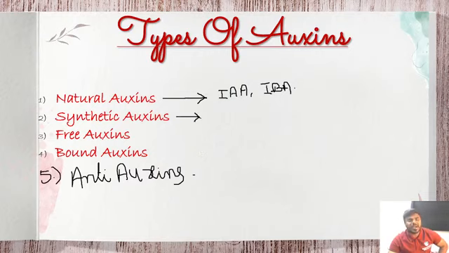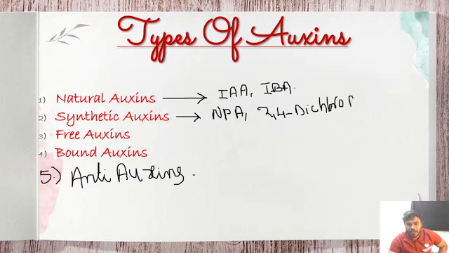Next one, friends, synthetic auxin. The name itself indicates which are synthesized, artificial or man-made. Best examples you have to remember: NPA, naphthyl thalamic acid, 2,4-dichlorophenoxyacetic acid, 2,4,5-trichlorophenoxyacetic acid.